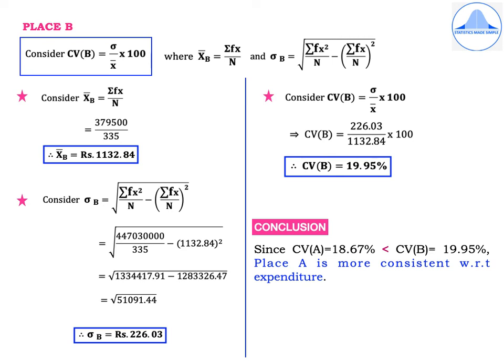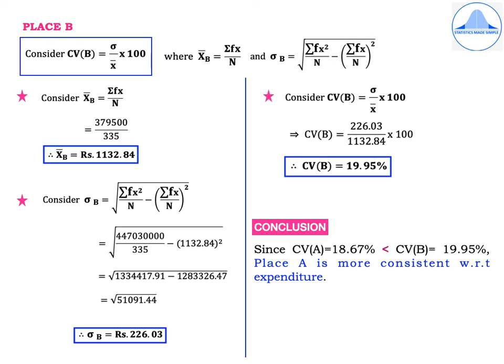So write the formula for the mean, and on substitution you get x bar B as rupees 1132.84, and in a similar way calculate sigma B using the formula, and you get sigma B equal to rupees 226.03, and CV of B is 226.03 divided by 1132.84 into 100, which is 19.95%.